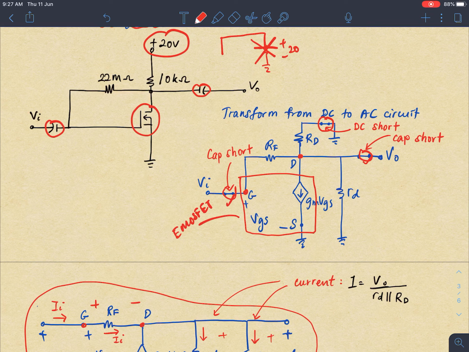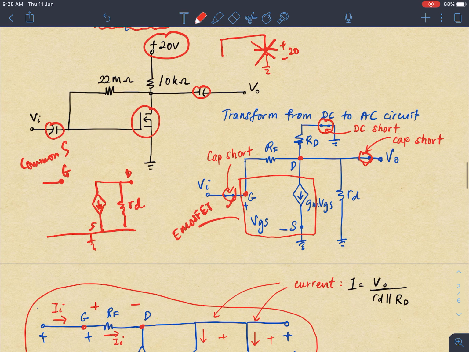Normally I draw this like this, E-MOSFET with G, and then I have the current control here. So this is S, and this is D. And RD. For this drain feedback circuit, this is a common source, so we are using the common source model for the drain feedback.